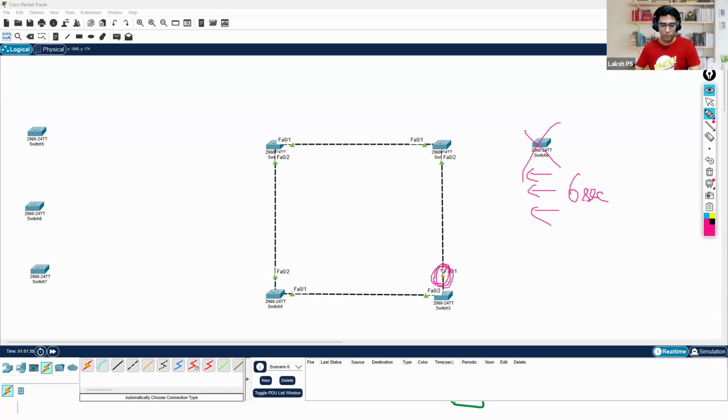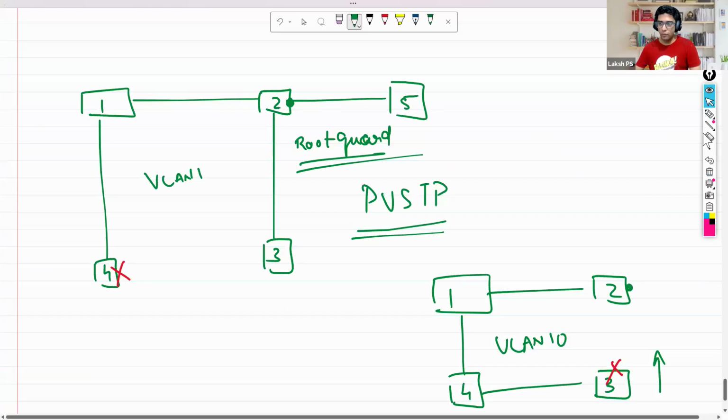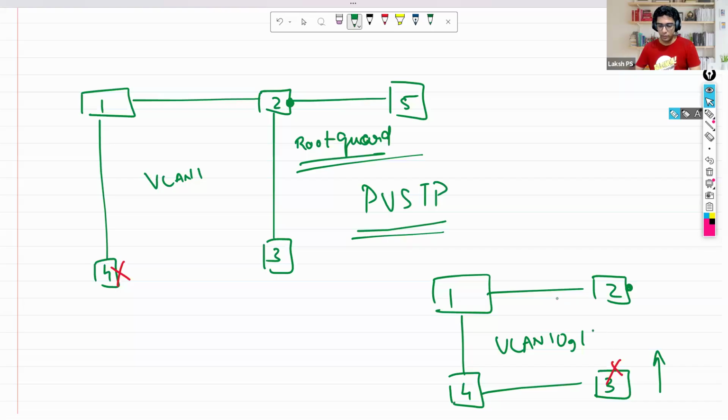So now it is back to our original diagram, where for VLAN number 1 and VLAN number 10, this is how the network looks currently.